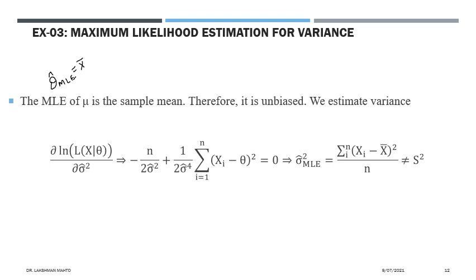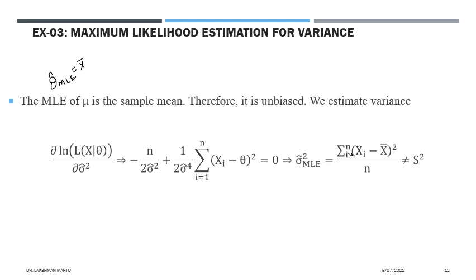In order to get that, we need to differentiate with respect to sigma cap square. If you differentiate and simplify, the maximum likelihood estimator of variance comes out as the sum of squares of mean deviations, with the sum varying from 1 to n, divided by n.